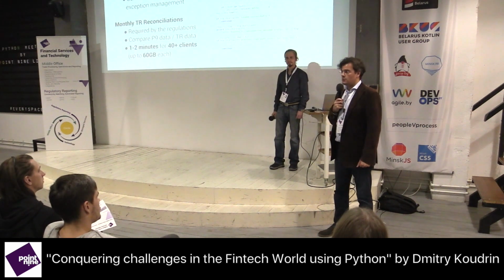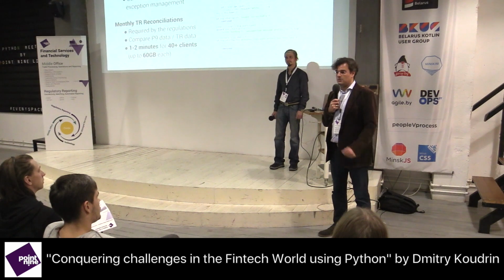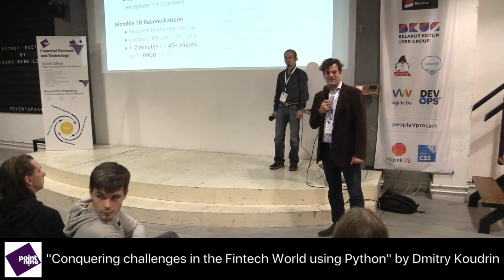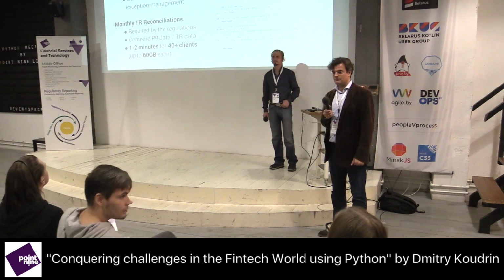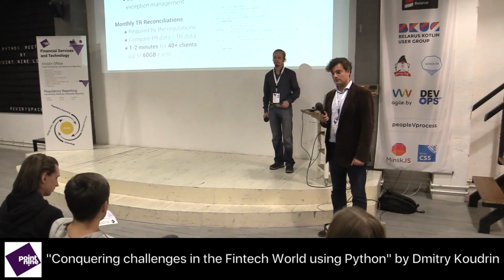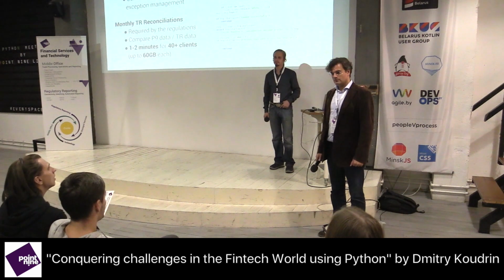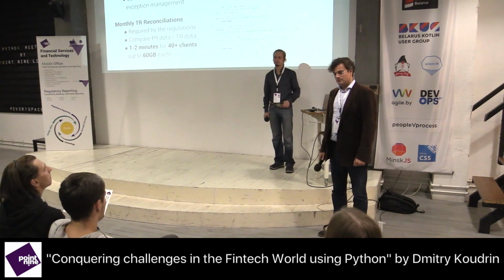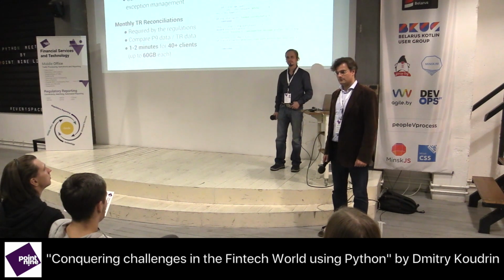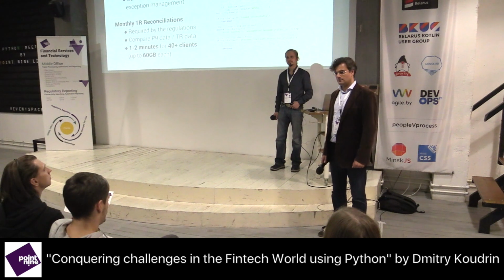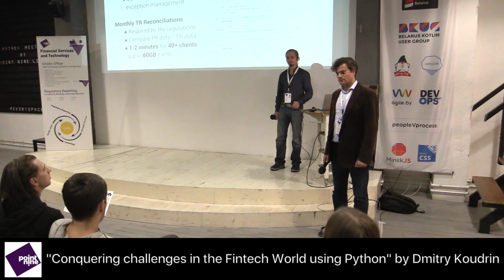All right, if there are no more questions, there's one more question here, okay. Yes, one more question, I forgot. You talked about billions of messages, and you talked about some percent of exceptions, some errors. So what is the average percent of such exceptions?